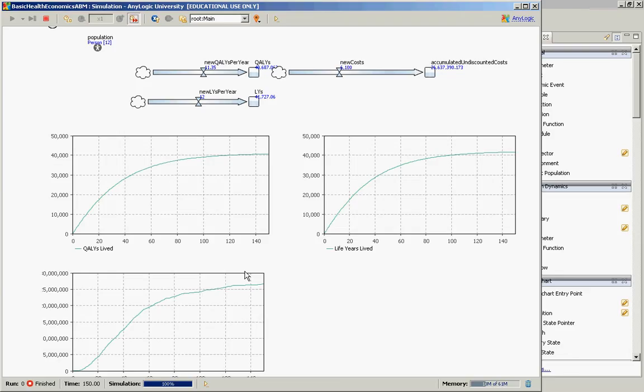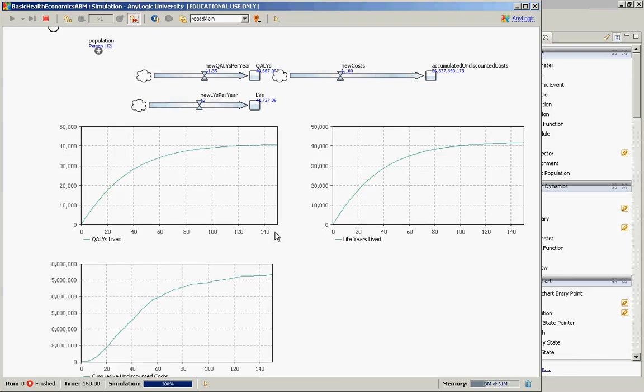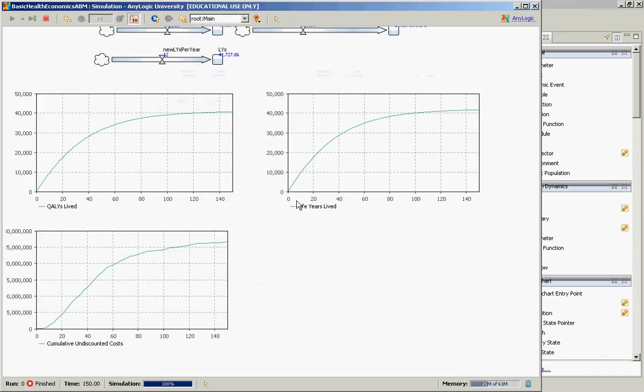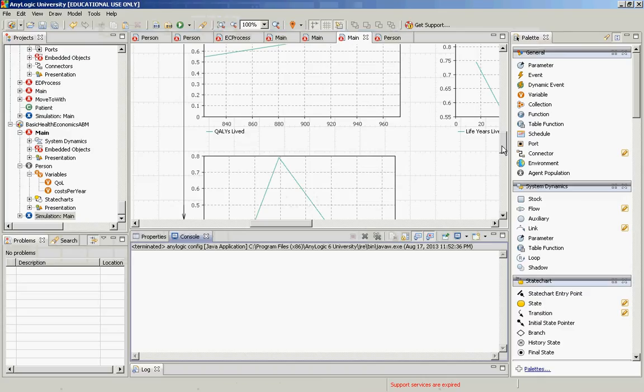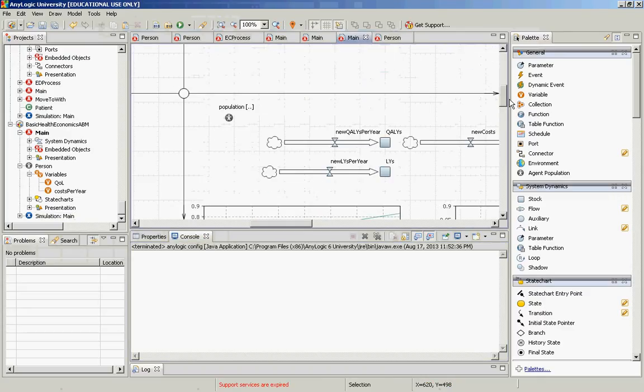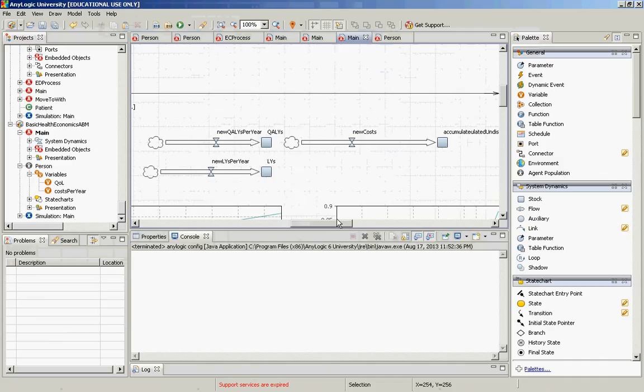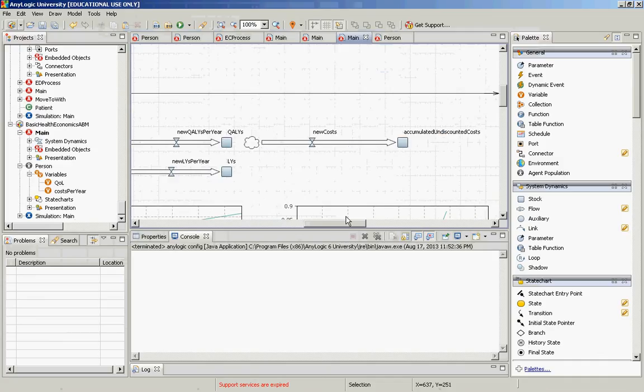So here we have quality adjusted life years lived, and cumulative undiscounted costs. You may have guessed what's coming next, which is taking into account discounting. Now, we can actually perform the discounting in several different ways. This is typical in AnyLogic.